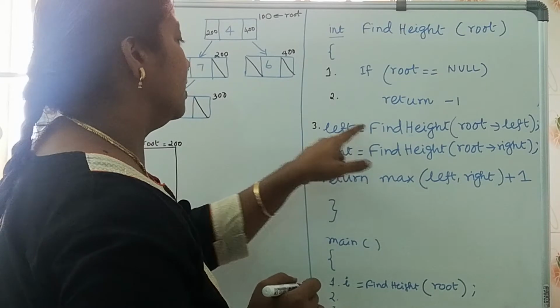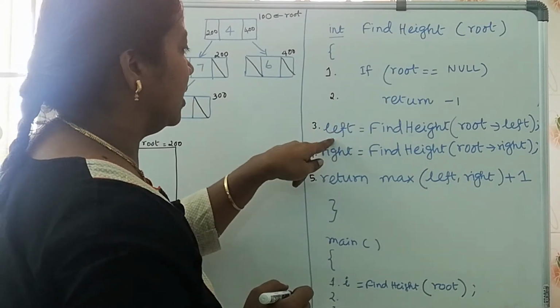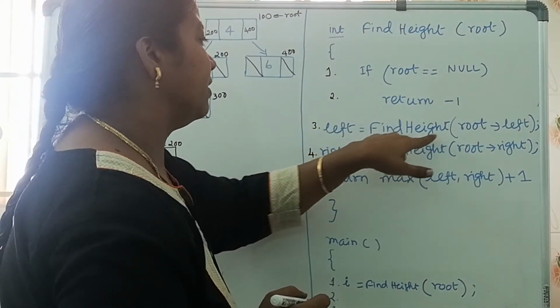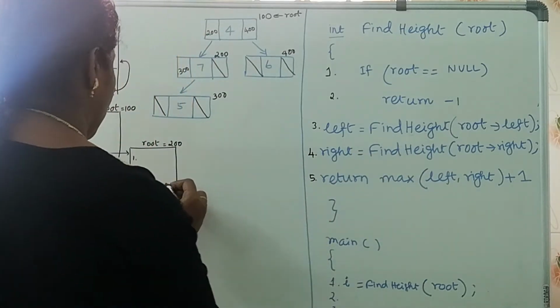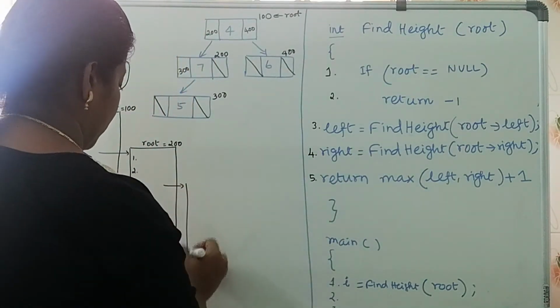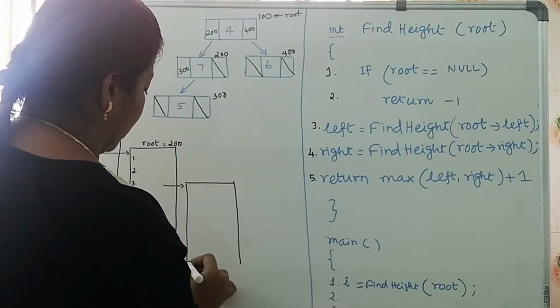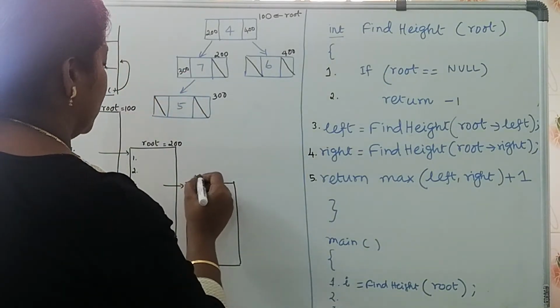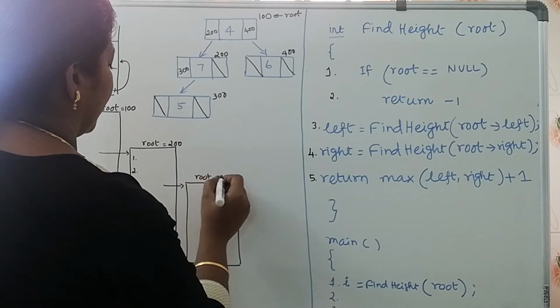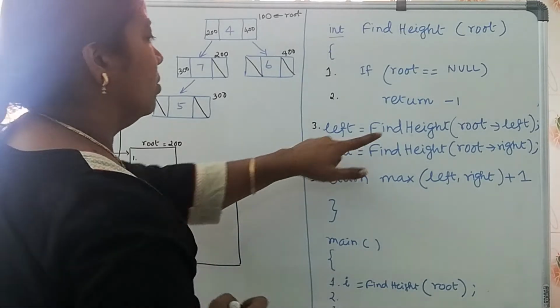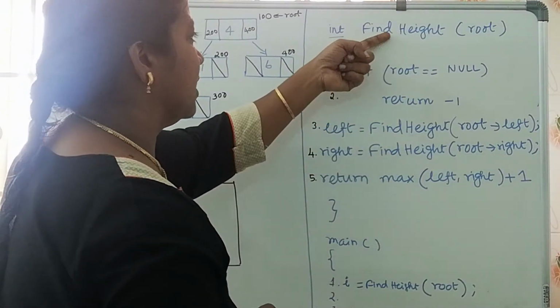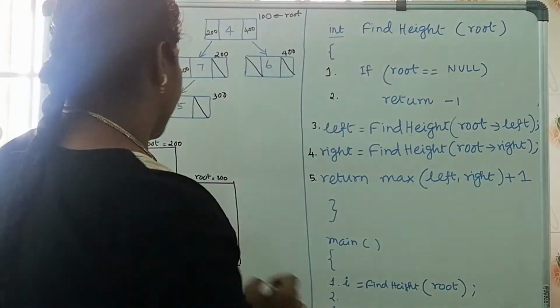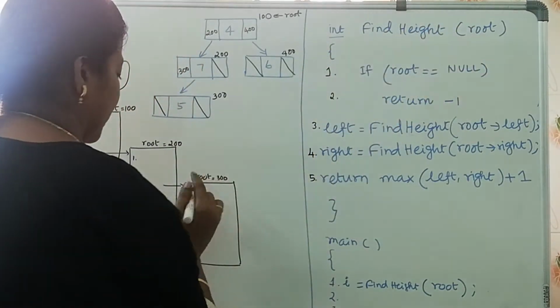Line number 3 gets executed. In line number 3, it calls find height of root of left. Again, the same function gets called by passing root of left, and now root of left is pointing to 300. Now upon calling this function again, find height of 300, the root value is 300.